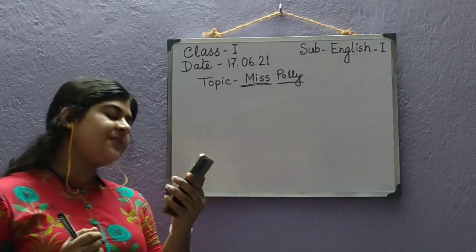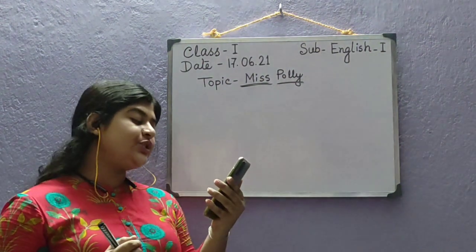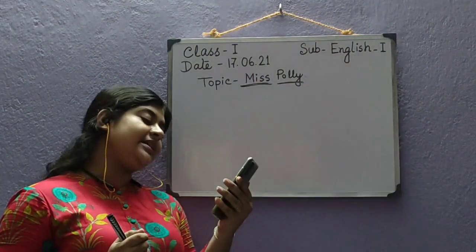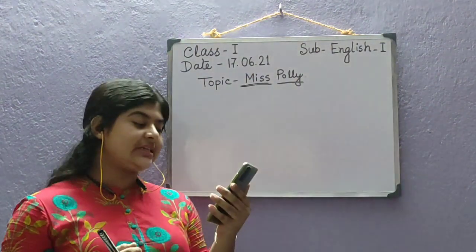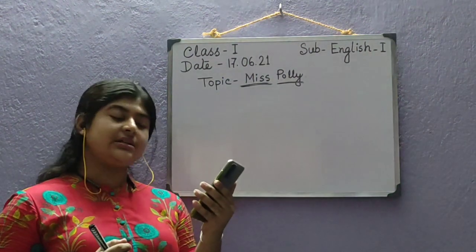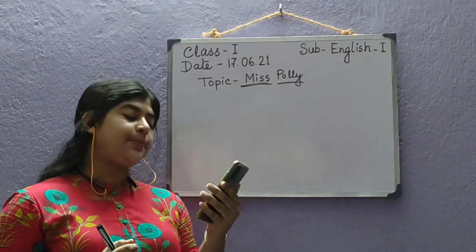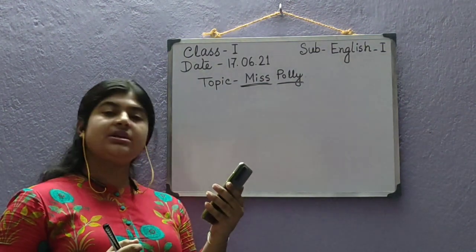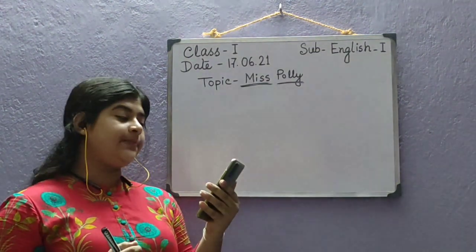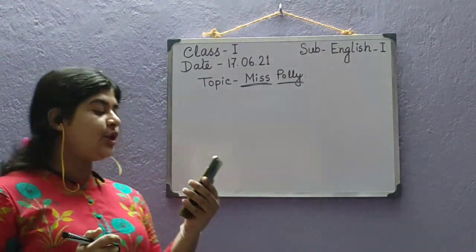You can also find one more picture at the bottom of the page, and in that picture there is one bed, one doctor and two little girls. The doctor is treating a patient, as if the patient is not feeling well. So this is the picture which is given in your book.